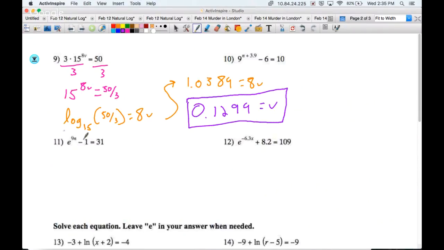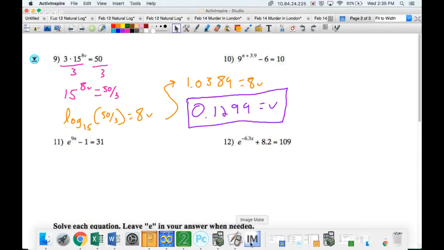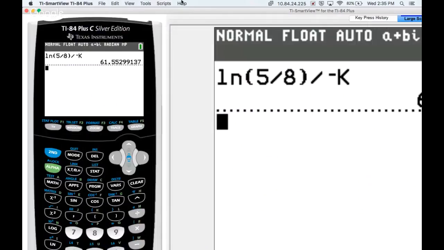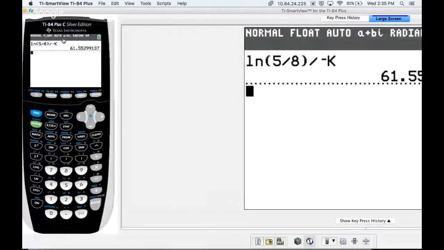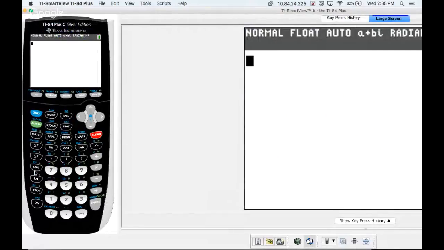Let's go over how to plug this into our calculator real quick. If you've got an older calculator where you can't edit the bases directly, to do this, I need to calculate log base 15 of 50 thirds. So I'm going to do log of 50 divided by 3 divided by log of 15.